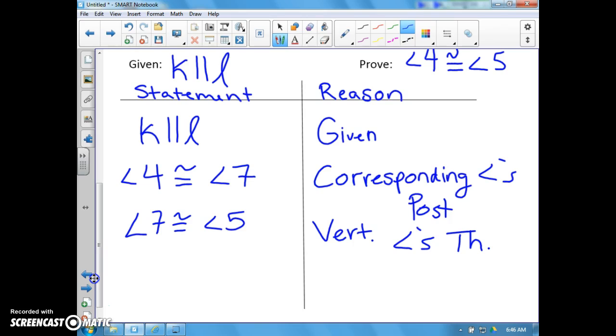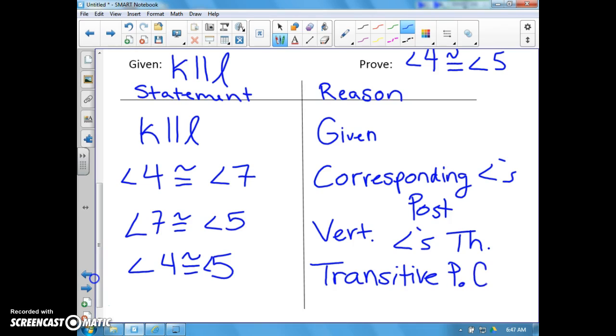And now I have this lovely cascading effect. So I can get that 4 is congruent to 5, because if 4 is congruent to 7 and 7 is congruent to 5, then 4 is congruent to 5 by the transitive property. And that would be property of congruence, because we're dealing with congruent symbols.